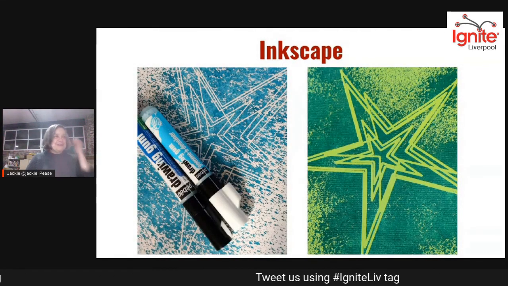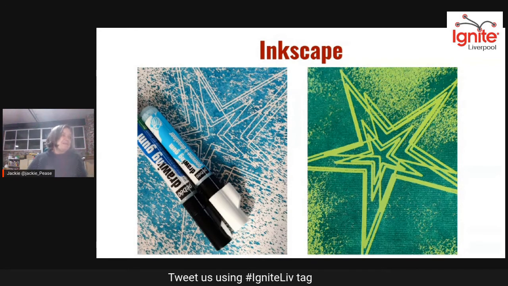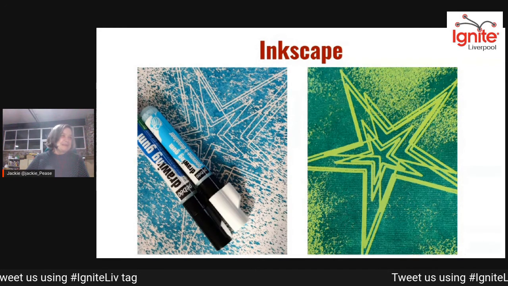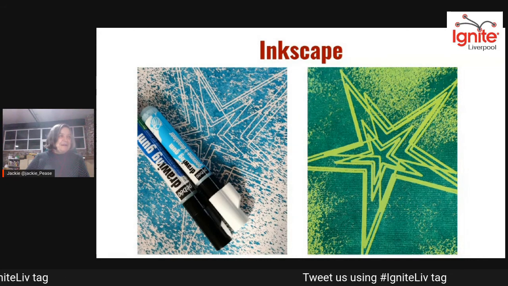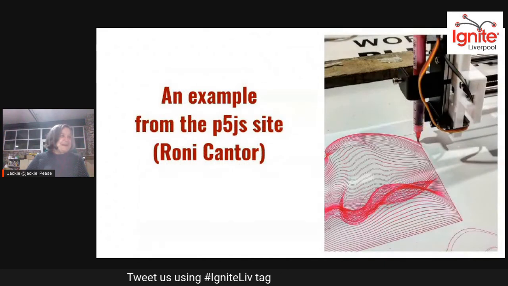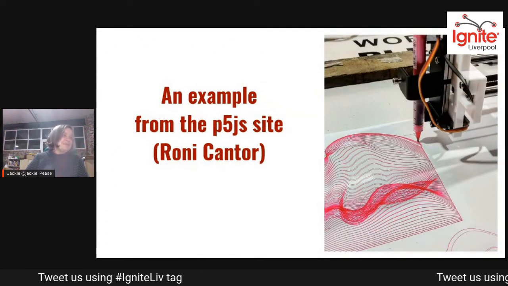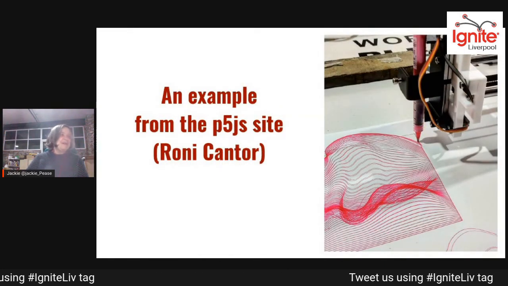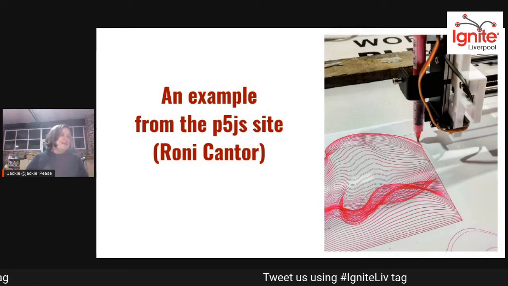Here's an example that I produced using Inkscape, using some masking fluid pens to produce these simple designs. This one seems to be going on for longer than the others. And here's an example I downloaded from the P5JS site and ran. There are lots of examples there.